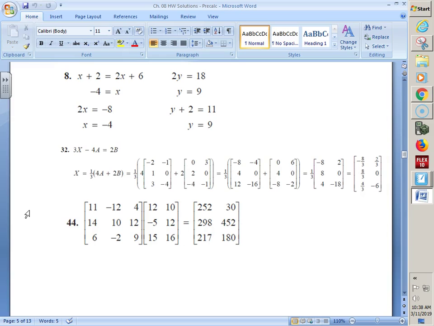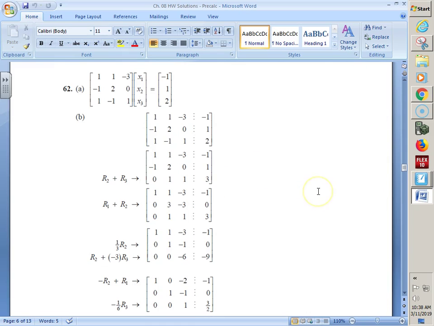Time to cross down and cross over down to get our 2. And then once we've done the second row, first column, second row, second column, third row, first column, third row, second column. Boom, boom, done. Why was it legal? Good. The number of columns, 3 columns, matched the number of rows, aka everything had a corresponding entry. Excellent job.